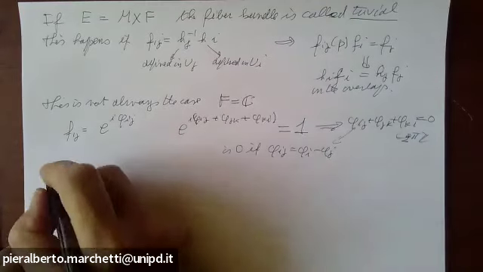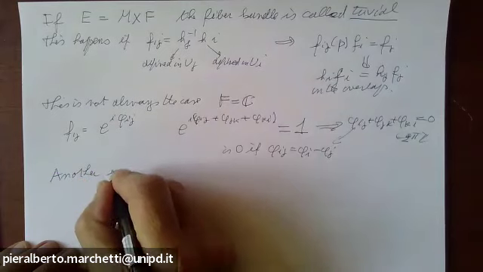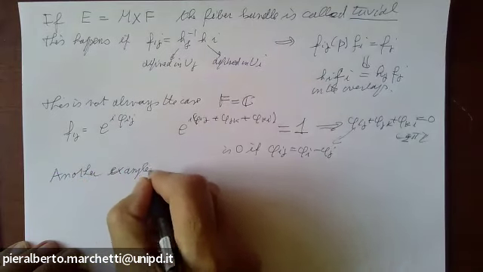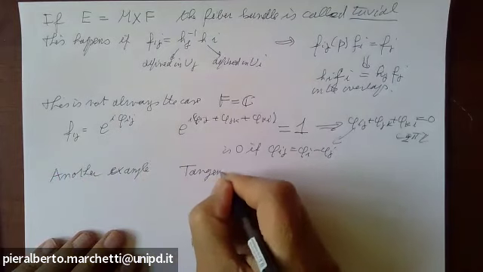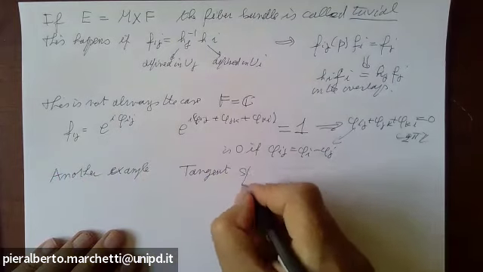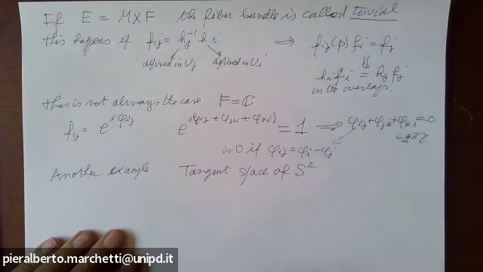Let me give you another example of a non-trivial bundle. By drawing, okay, this is the tangent space. We'll come back again on this. It is the tangent space of the two-sphere.